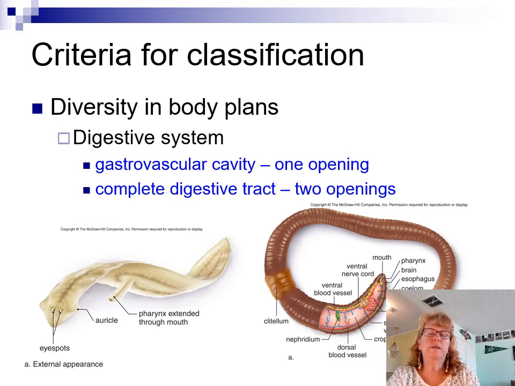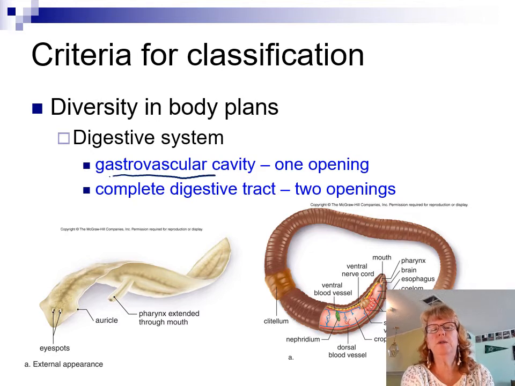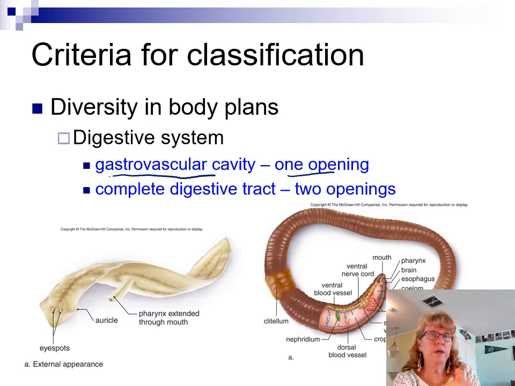Body plans, digestive system. There's a lot of different terms here that we could use. I'm going to use these two terms to describe the digestive system. So the lower level one is considered a gastrovascular cavity, and this is a digestive system that has only one opening, meaning that food comes in that opening, things get digested, and waste comes back out the same opening.